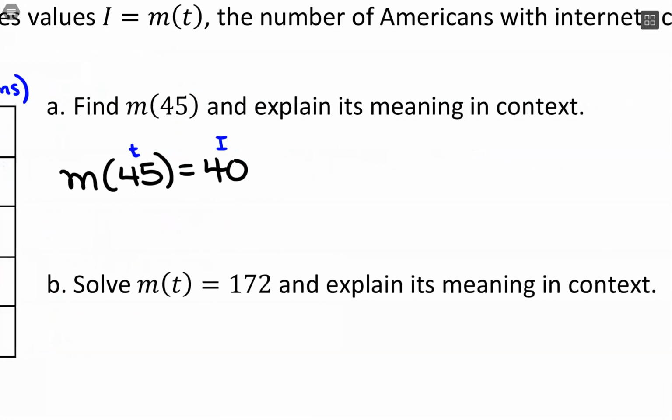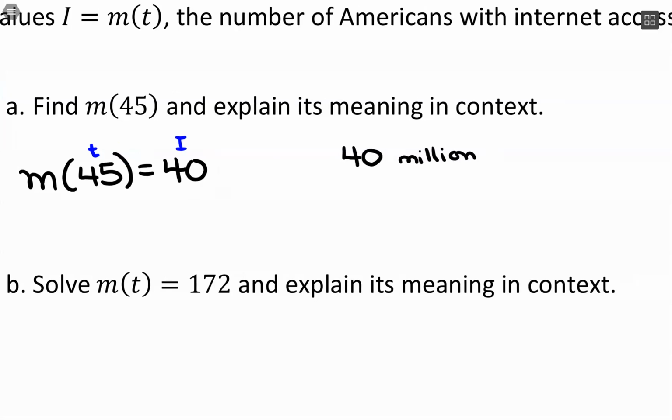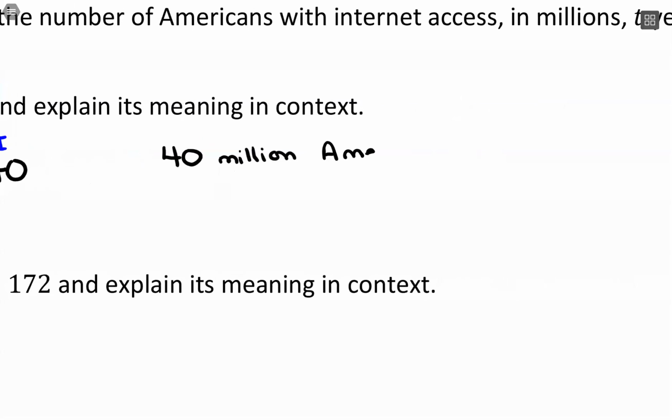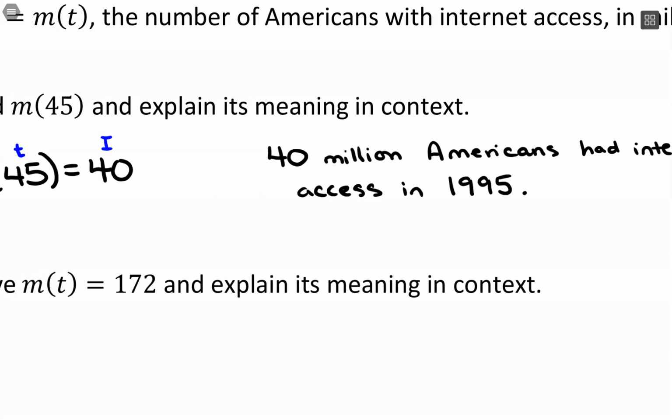To make my sentence there, t equals 45 means 1995. So I'm going to make a sentence that says something like: 40 million Americans had internet access in 1995.